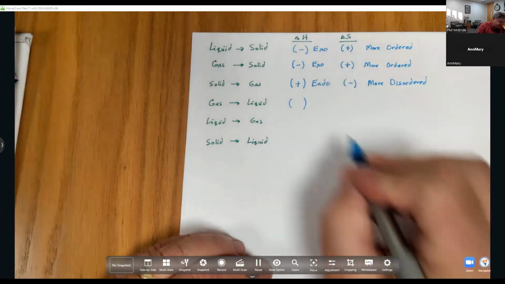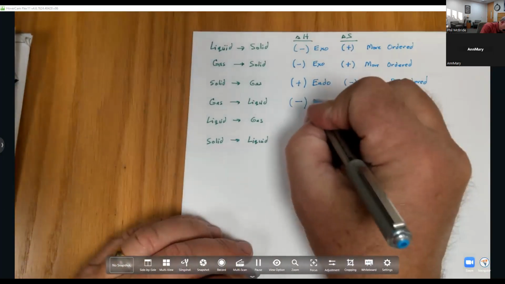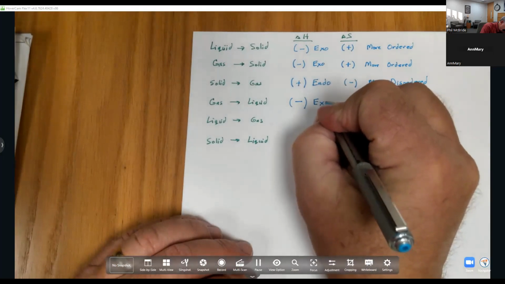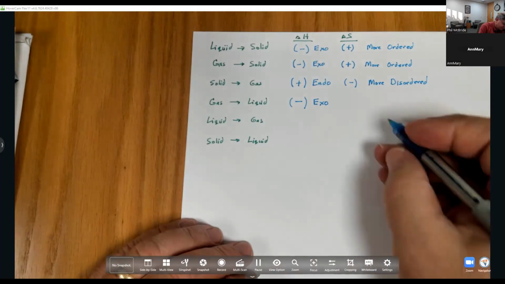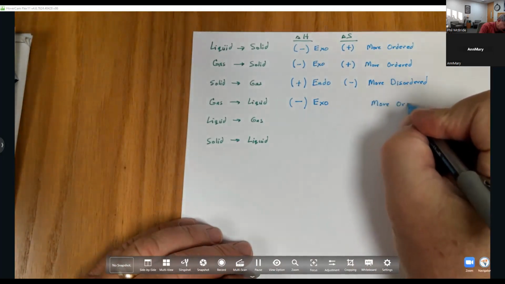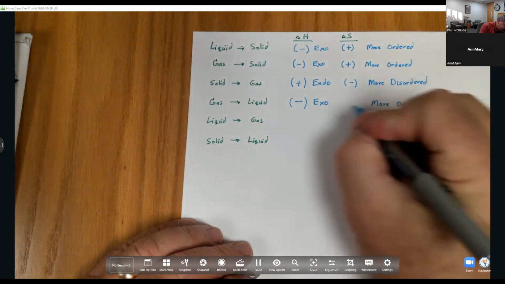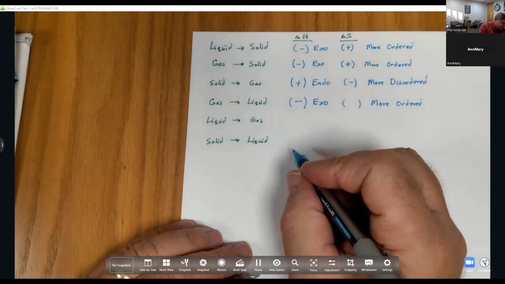And from a gas to a liquid. Is it going to gain energy or lose energy to go from a gas cooling down to a liquid? Lose. Right, so it'll lose energy, so exothermic. And is it becoming more ordered or more disordered? More order. Okay, liquid to a gas.